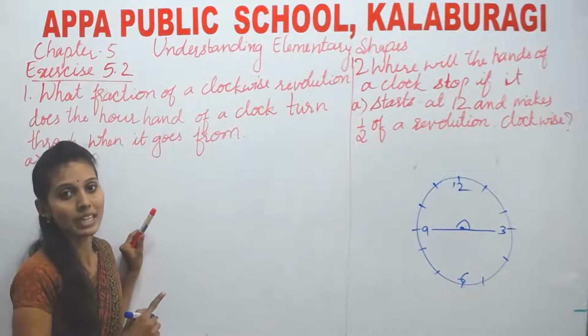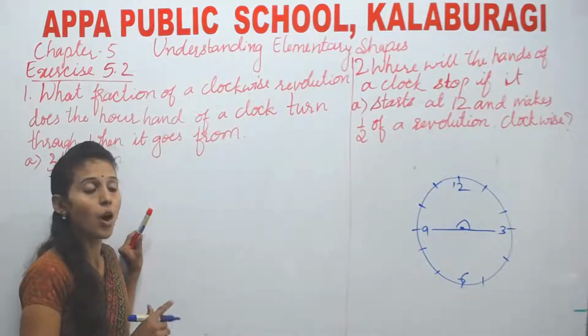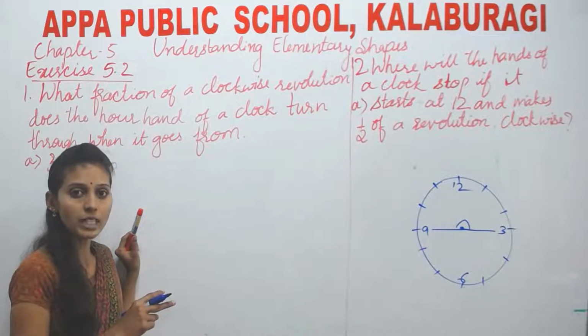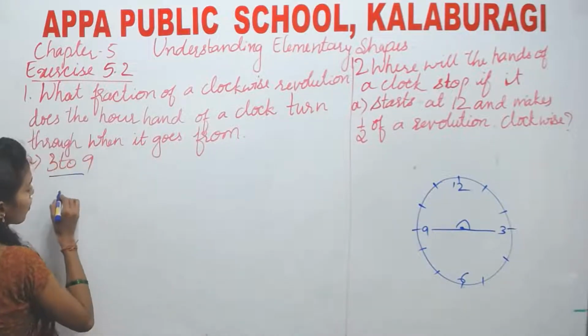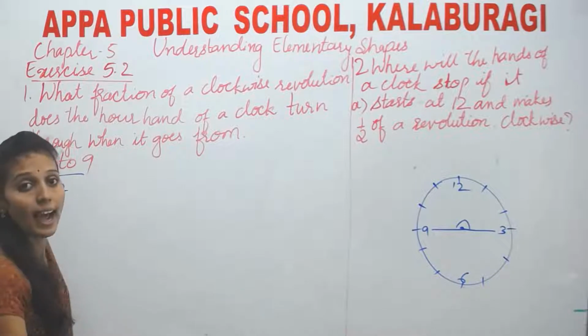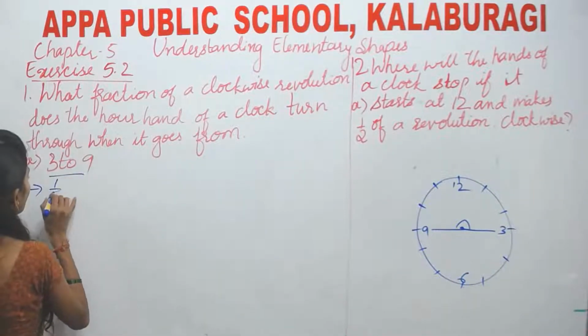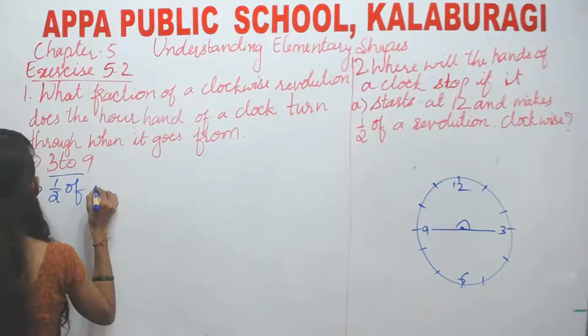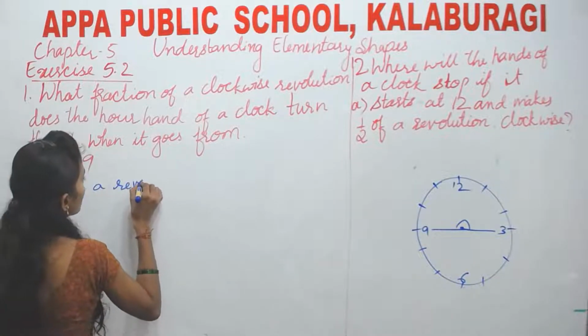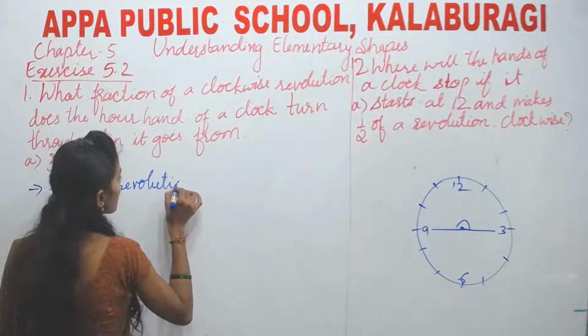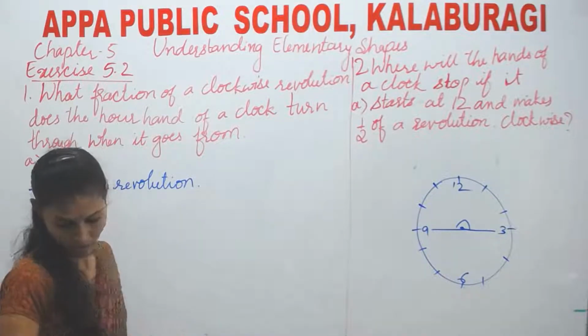Straight angle means 2 right angle. 2 right angle is nothing but out of 4 right angles, 2 right angles, right? So therefore, 2/4 of revolution, that is nothing but half of a revolution. Half of a revolution. Next one.